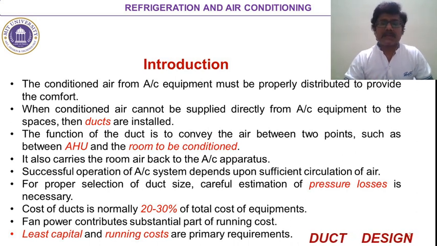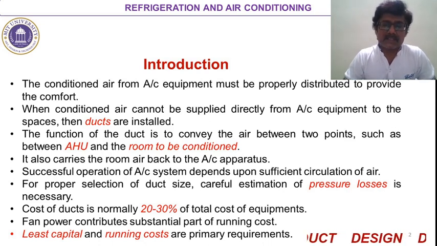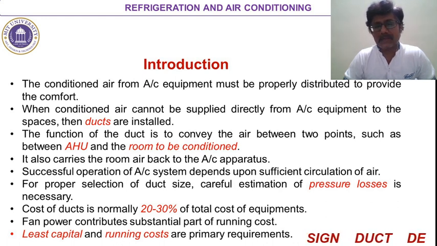So under such circumstances, for such commercial applications, as we have just seen, centralized air conditioning systems are normally used, and the air is transferred through the channels, the physical arrangement that is provided, known as the duct.